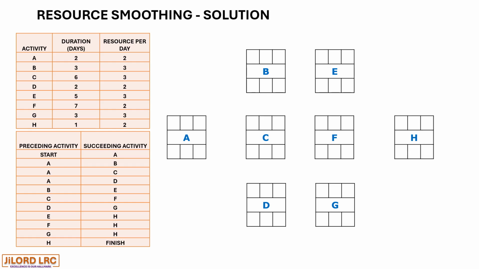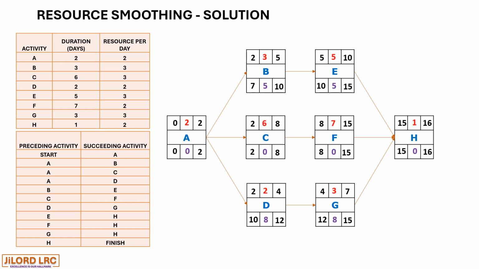So we now connect these activities and we proceed to do the forward pass and the backward pass. I've done that already. You can do that by yourself. So this is the information, and this would have settled question 1, which asks for the total duration of the project and determining the critical path.